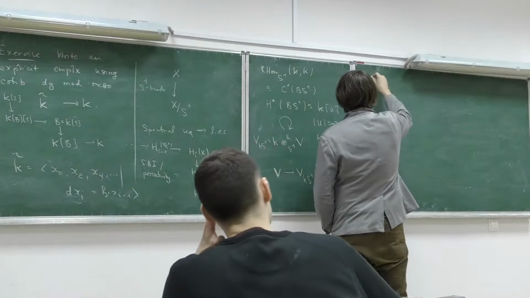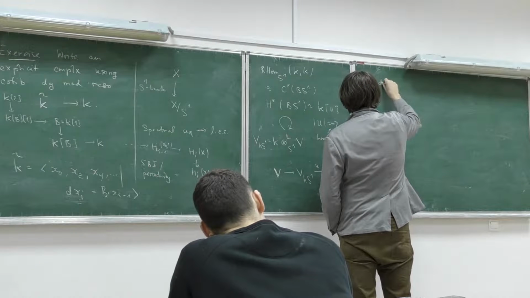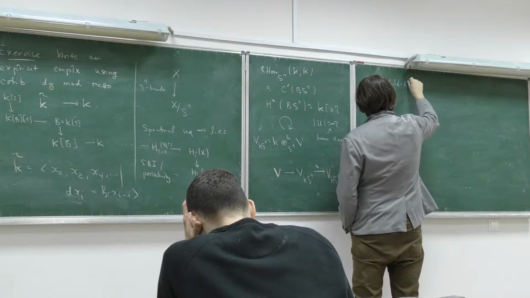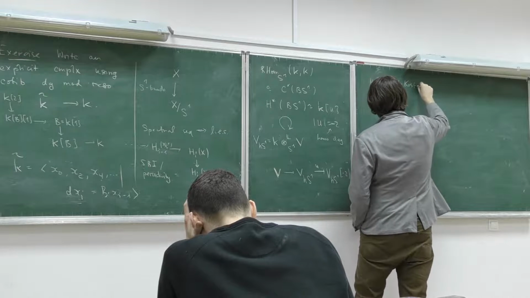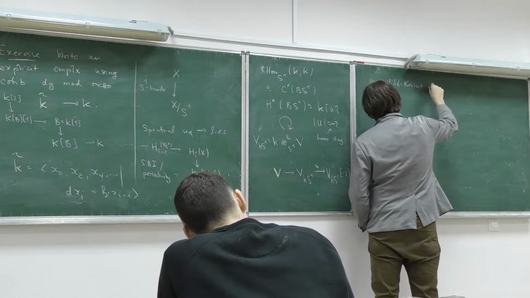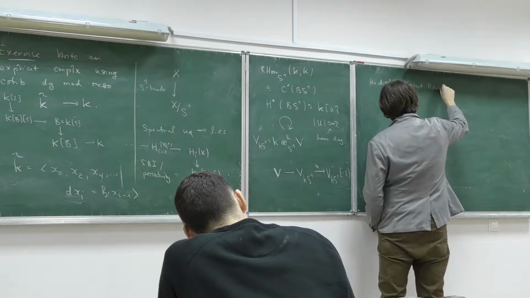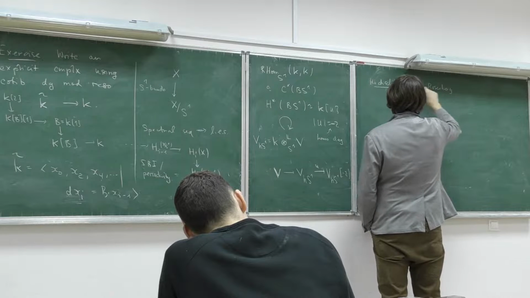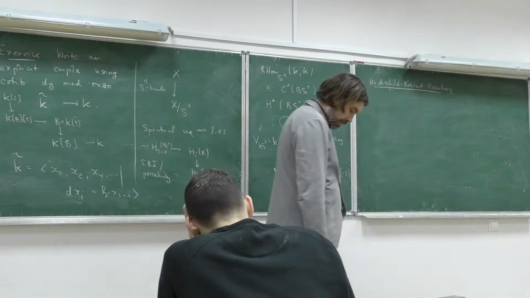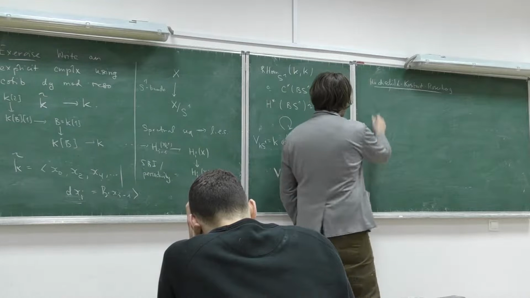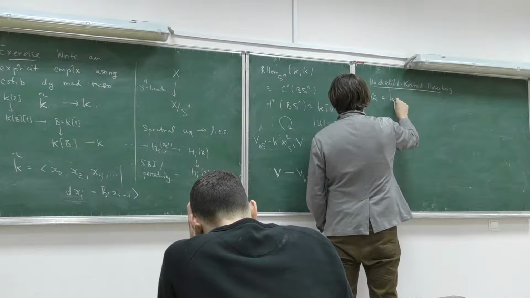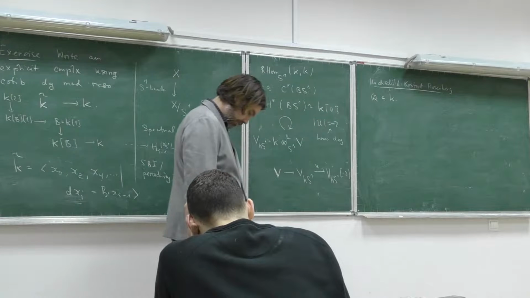So there's something called the Hochschild-Kostant-Rosenberg theorem. There's some version of it in general, but this version is best in characteristic 0. So let's say Q. Suppose my K is a Q algebra.